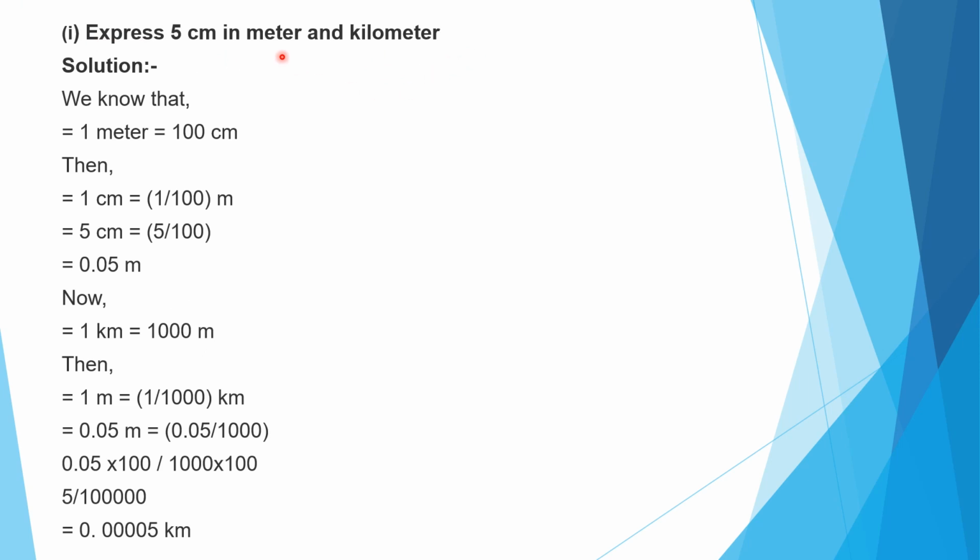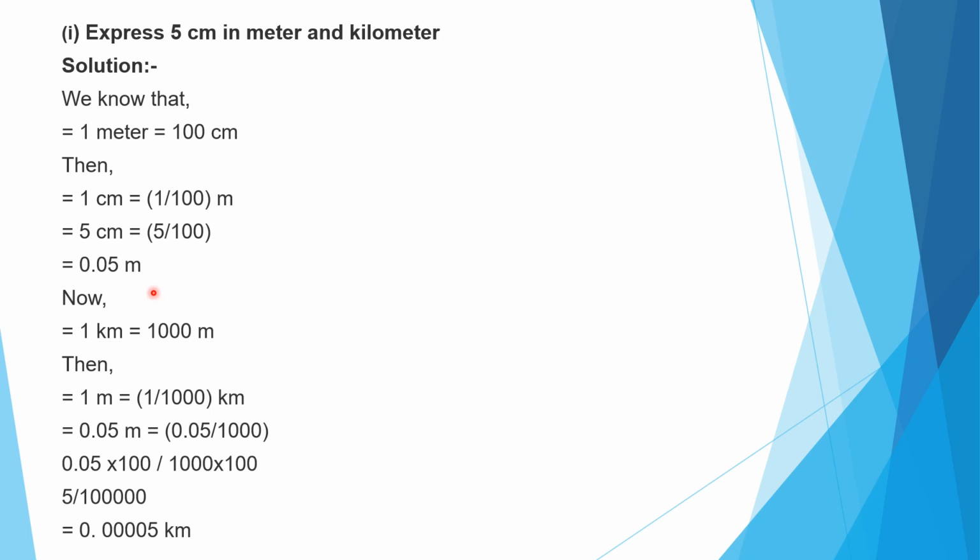So next sum, express 5 centimeter in meter and kilometer. That means we have to express in both meters and kilometers. First let us convert into meters. So 1 meter is equal to 100 centimeter. So 1 centimeter is equal to 1 by 100 meters. So 5 centimeter is equal to 5 by 100 meters. That means 0.05. So we got meters.